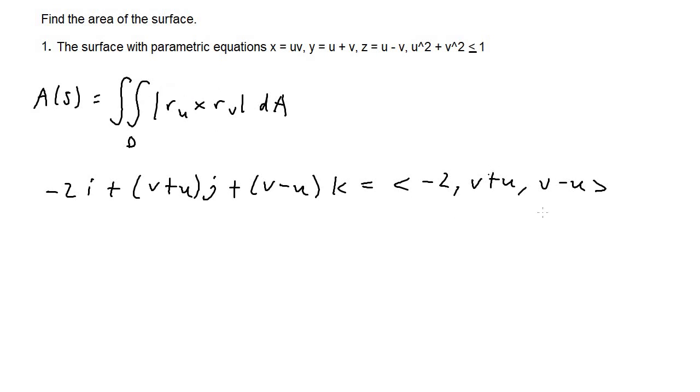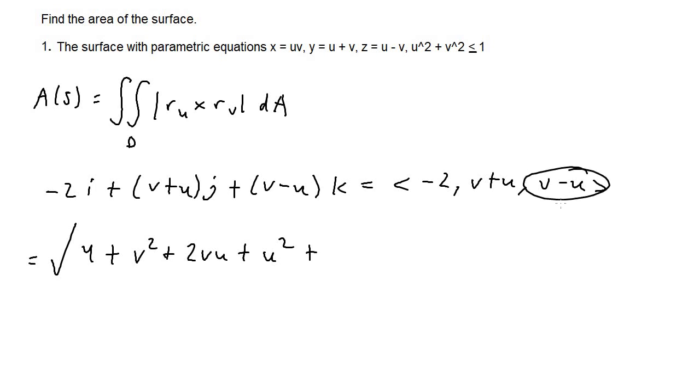We already found the cross product, now we take the magnitude of this. So in order to find the magnitude, once again we're going to take the square root of the x component squared, so -2 squared is going to be 4, plus the y component squared. So if we go ahead and FOIL that, we get v squared plus 2vu, and then plus u squared, and then plus the z component squared.